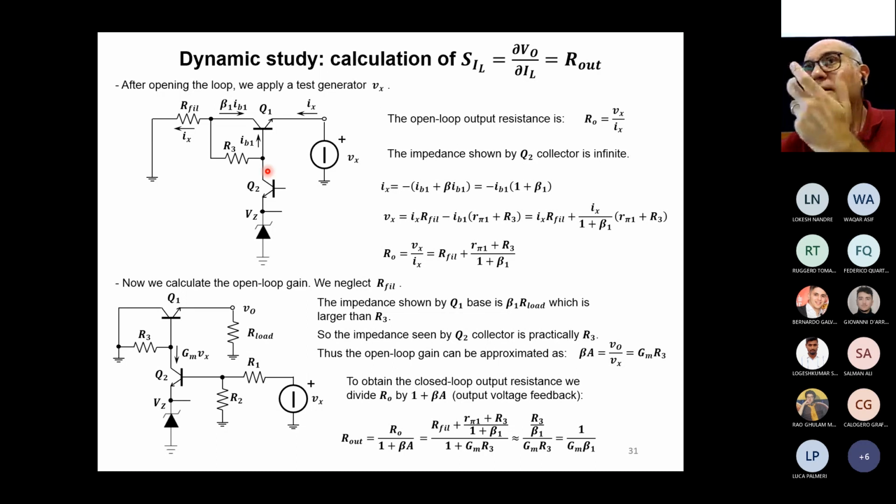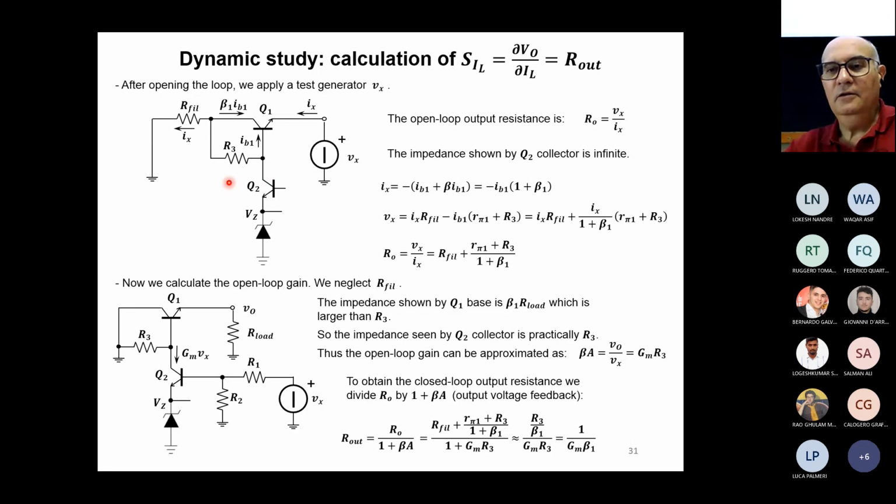So no dynamic current in the collector, and the output of the collector is a current generator. If there is no signal, I can consider the collector like open. Okay. So there is only a static component in the collector current, but there is no variation. We are here in a dynamic circuit. So there is no variation. I can consider that the collector of Q2 is basically open.